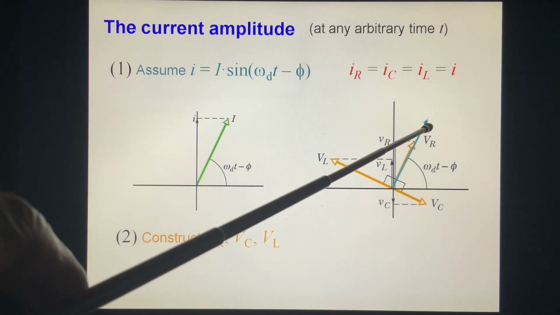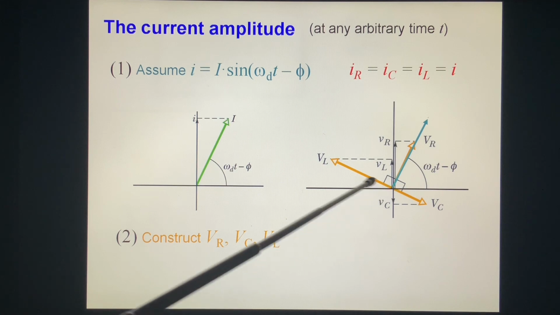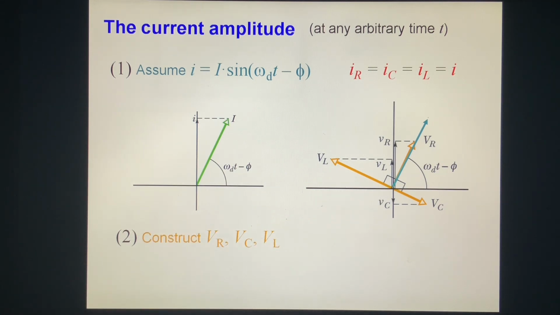And I is 90 degrees lagging behind VL. We see VC and VL are always on the same line, with a 180 degree phase difference. Then VR equals IR, VC equals I Xc equals I over omega C, and VL is I XL, I omega L.